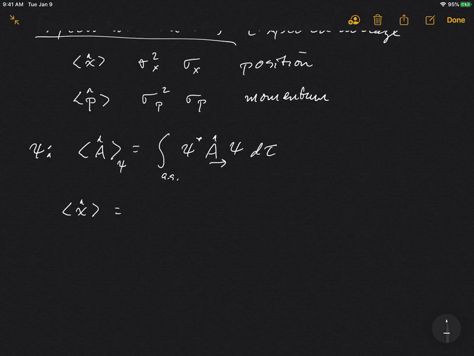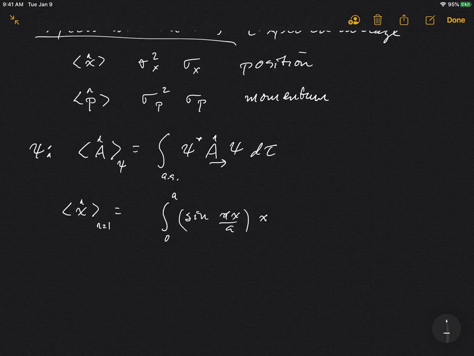We're going to end up with an integral. It's going to go from 0 to a, because again, our wave function doesn't have value outside this range. And then we're going to have sine, and we're going to look for n equals 1. So that's going to give us pi x over a times x.